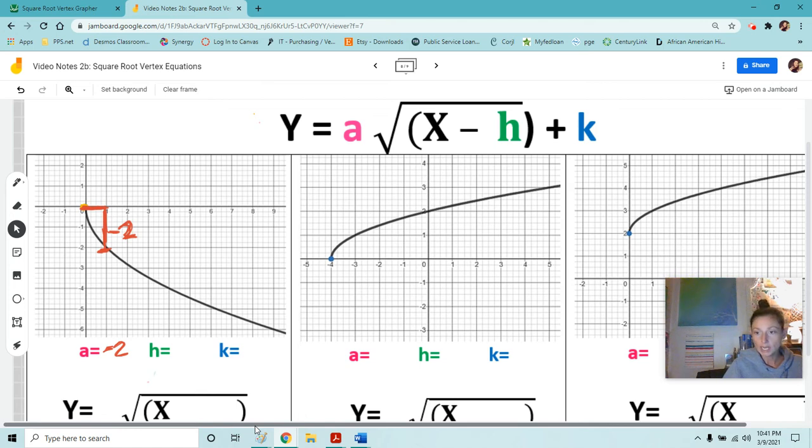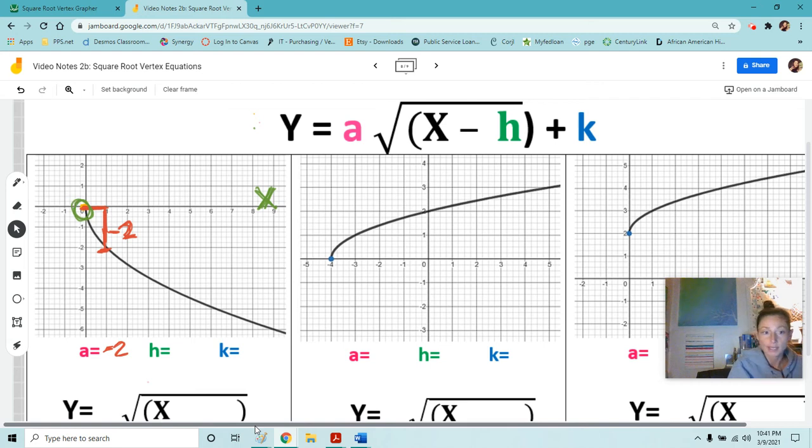And then H and K, again, those are the X and the Y value of the vertex. So for H, I'm going to look at this x-axis here, and I'm going to see where the vertex is on the x-axis. In this case, it's at 0 on the x-axis. I'm looking for that yellow dot I originally made.